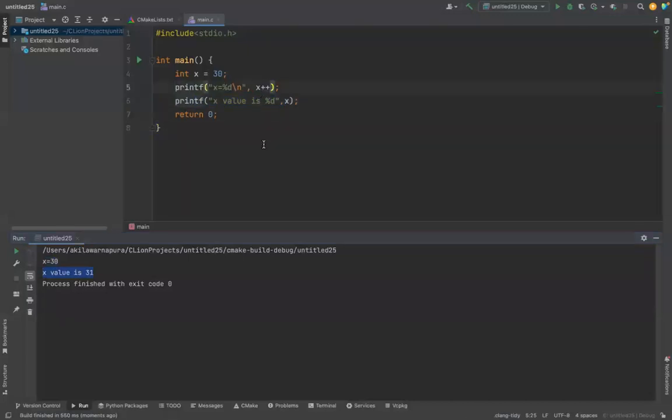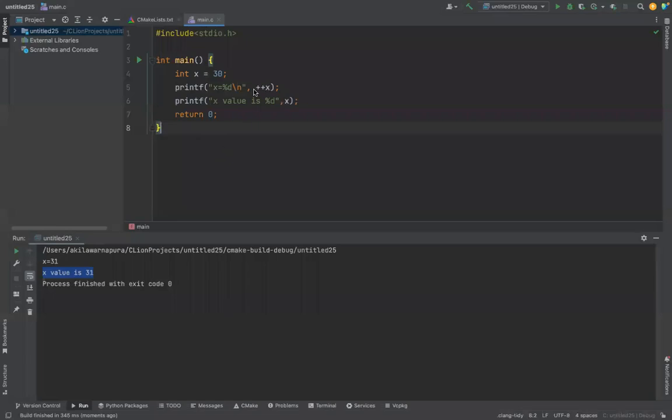What happens if you use plus plus x? The increment happens first. First increase this 30 by 1, that means 31. Then assign 31 here. We can run this one, then you can see x is 31. After you print that also, it is 31. I think you got this part properly.